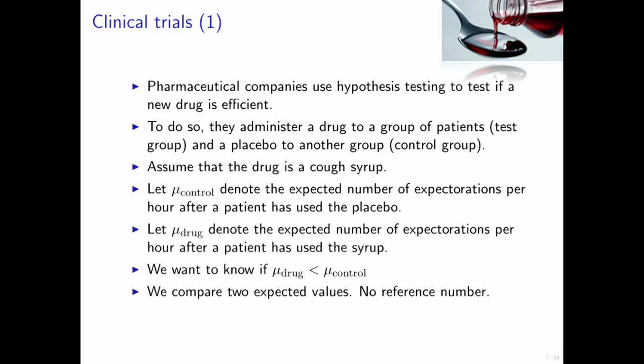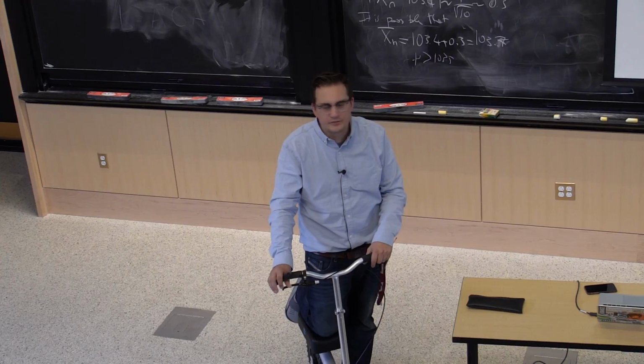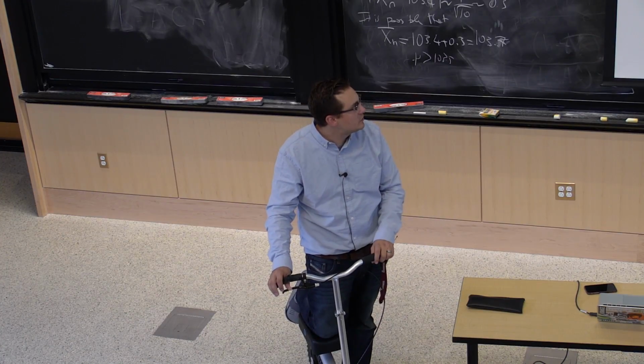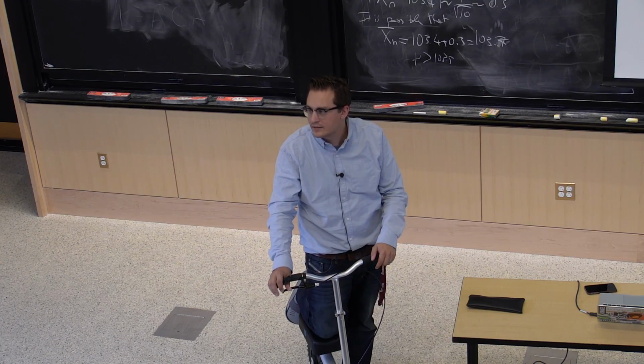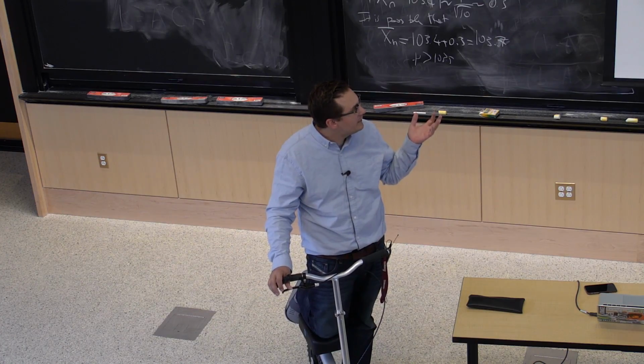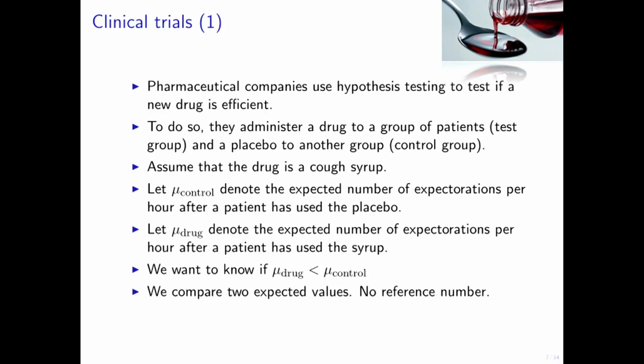When you have a cough syrup, let's say the way you measure the efficacy of a cough syrup is to measure how many times you cough per hour. And so I define mu control as the number of expectorations per hour.